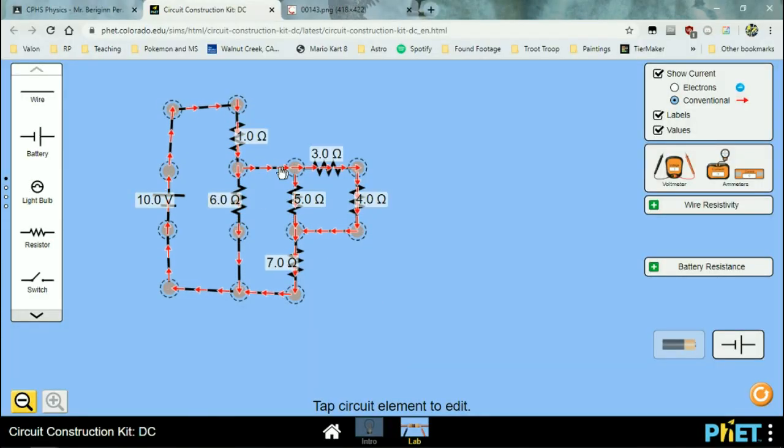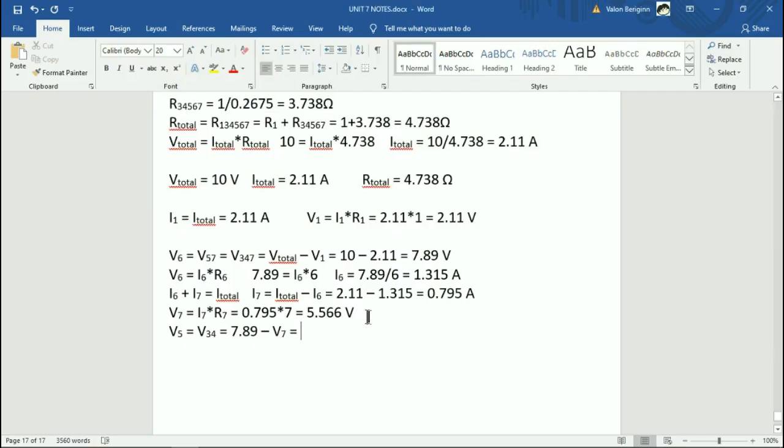Because we know once you go from here to here, you must have lost 7.89. When you cross this, you lose 5.566. So the rest of it you must lose whether you go this way or whether you go this way. So this number ends up being 7.89 minus 5.566.